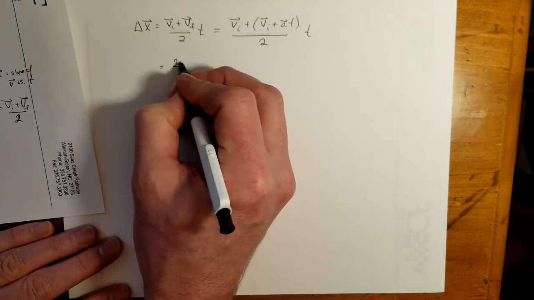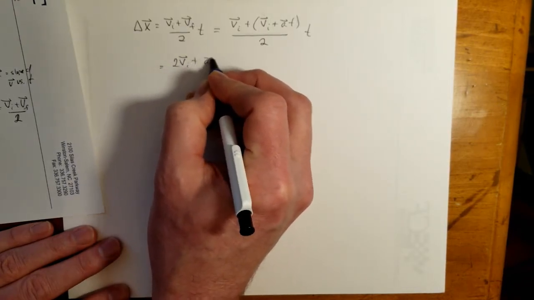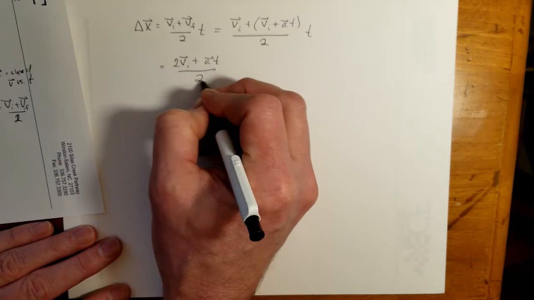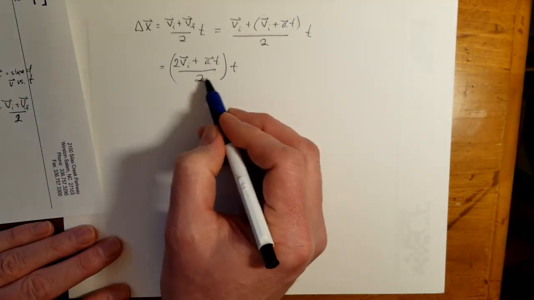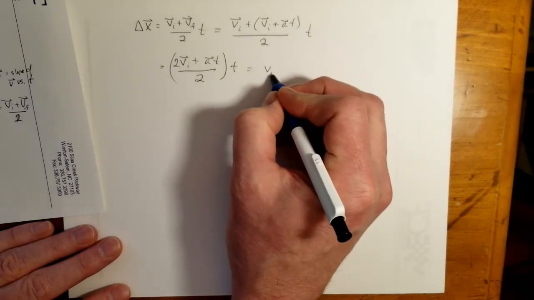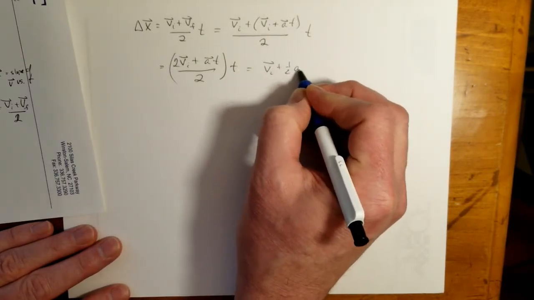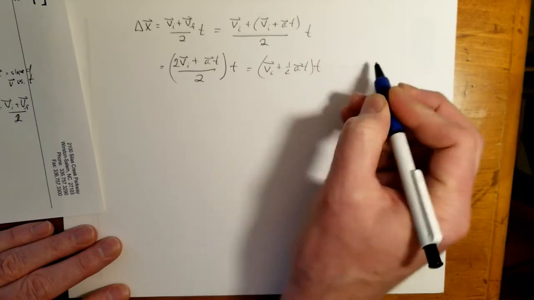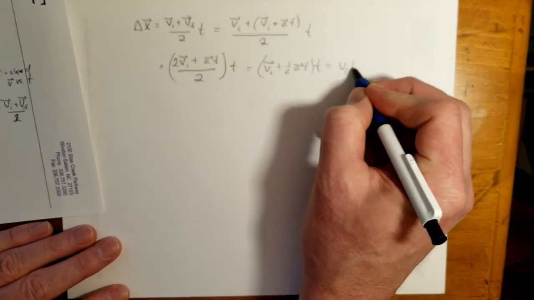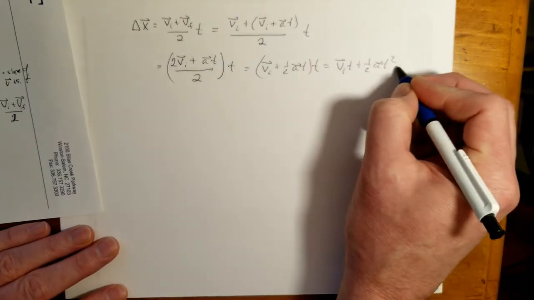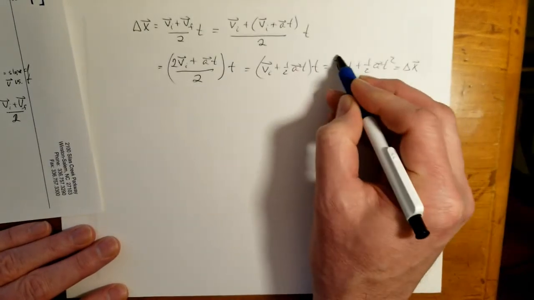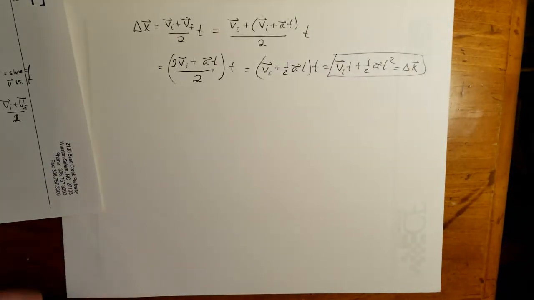So this is 2vi plus at divided by 2 times time. And then distribute the 2, so this becomes vi plus 1/2 at times t, which is vi t plus 1/2 at squared. And that's, again, equal to the displacement. So that is the third one I'm deriving.